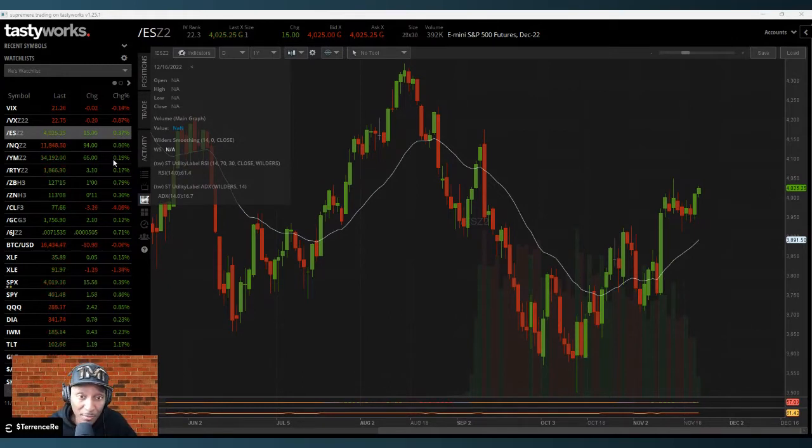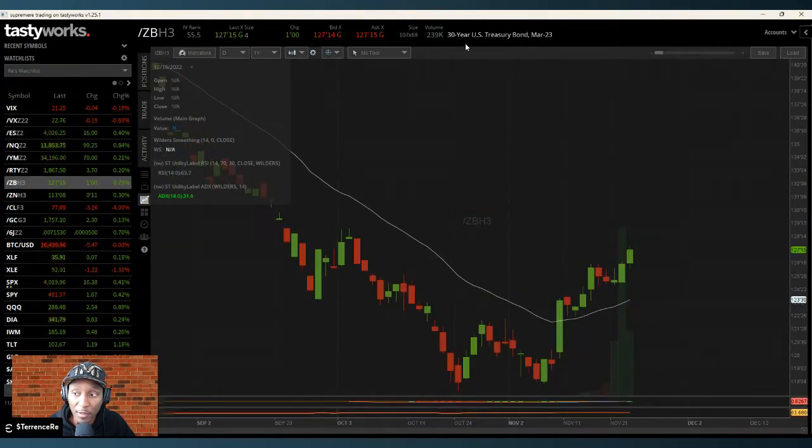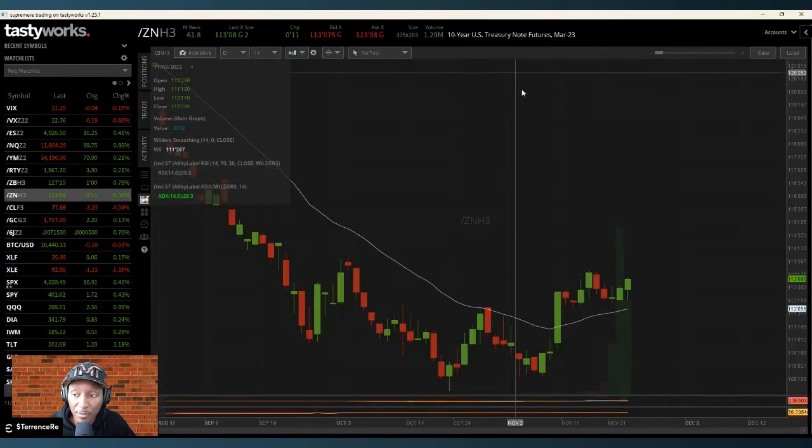Dow futures, this is basically relatively flat, to be honest with you. Now the big movement is in the bonds, and if you can see it's almost up a whole percent. That is /ZB. That is your 30-year Treasury bond. And the ZN is your 10-year Treasury note.